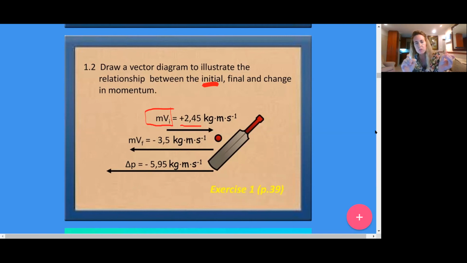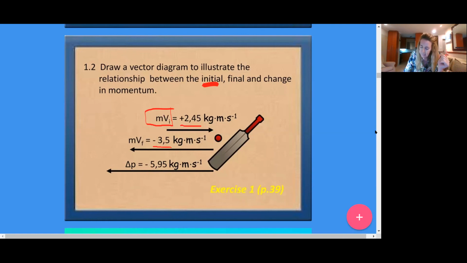It points towards the bat, and it is only 2.45 kilogram meters per second in magnitude. The final momentum is negative 3.5 kilogram meters per second. It therefore has to reverse direction opposite to the initial positive direction, and it will have to be drawn longer than the initial momentum, because it's a greater value, but in the negative direction.